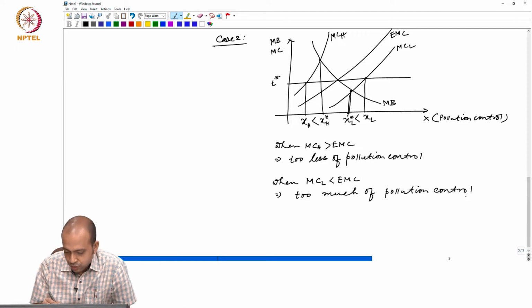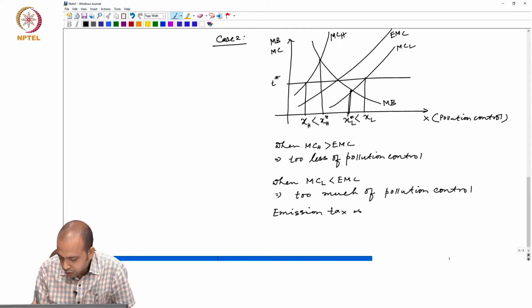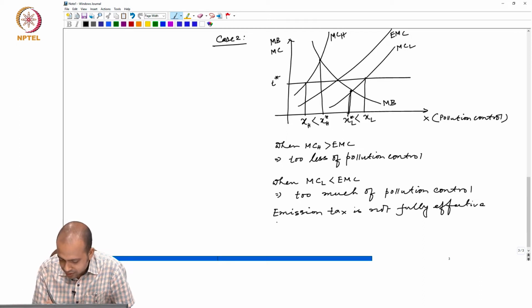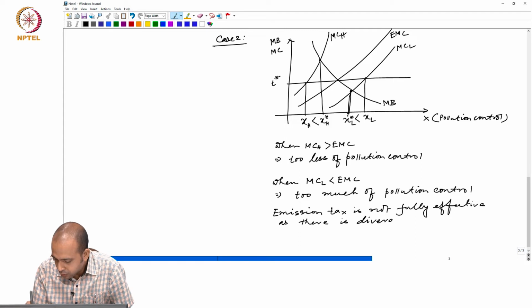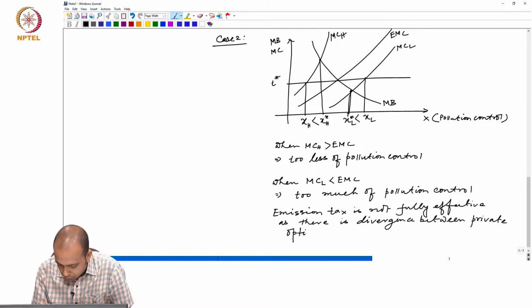So, emission tax is not fully effective as there is divergence between private optima and social optima.